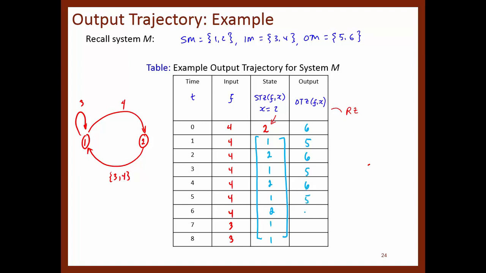So the same will apply for every 2. And then the output for the 1s are going to be just idles. So 6 is again representing service completion. Five is representing that the system is idle.